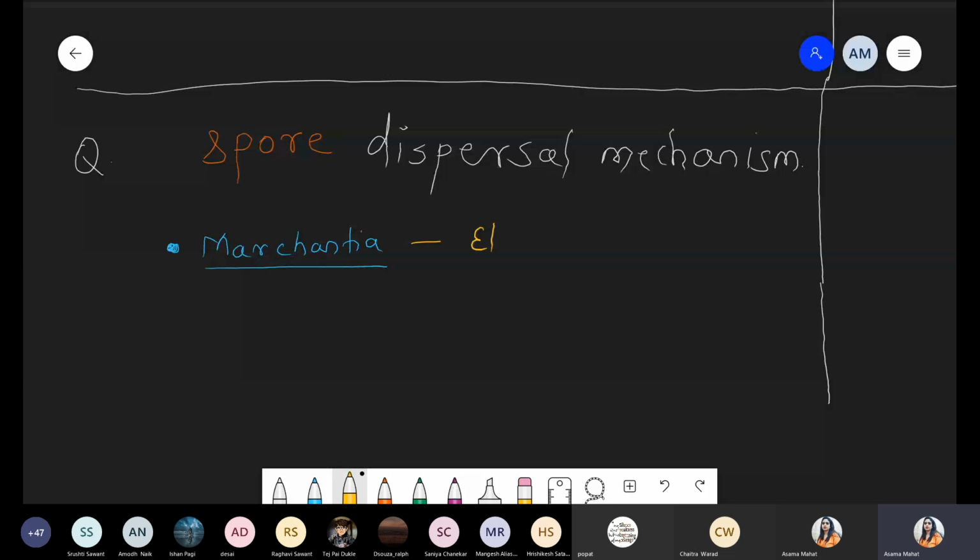So it has a typical type of structure that is elaters. Elaters present. Okay, elater. So what is the meaning of elaters? What happened? Scroll up. Scroll up.